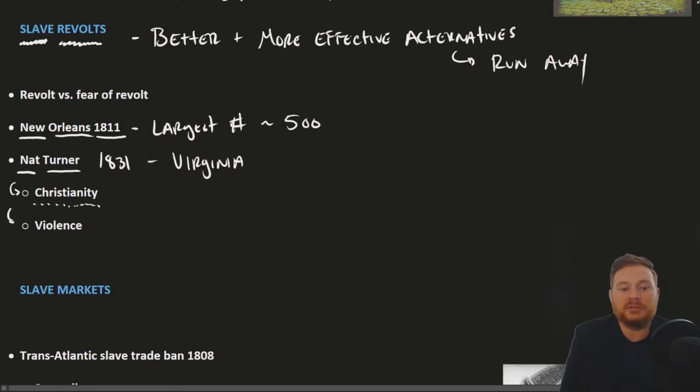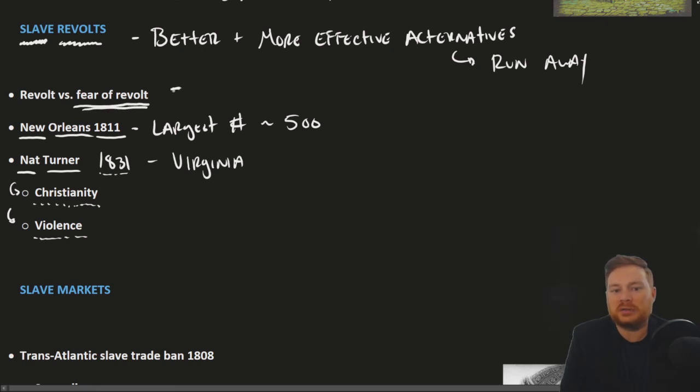And it was incredibly violent. Nat Turner and his followers went on a spree of violence, killing essentially everyone in his path. Although Nat Turner and his followers were eventually caught by the militia and executed, things like Nat Turner's revolt, especially this one in 1831, fed into fears of slave revolts.